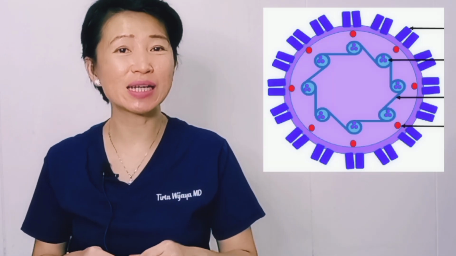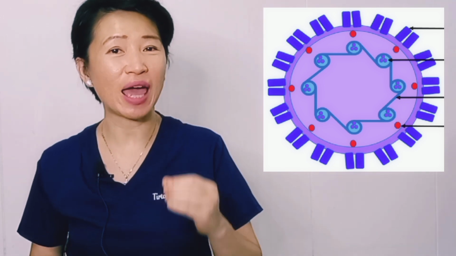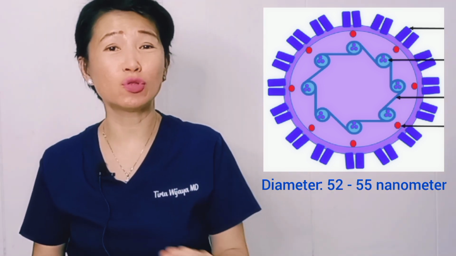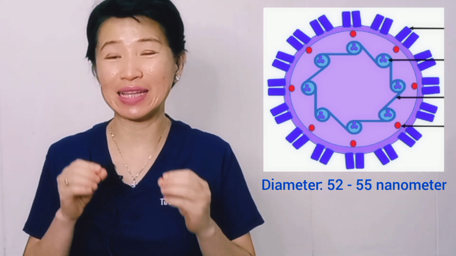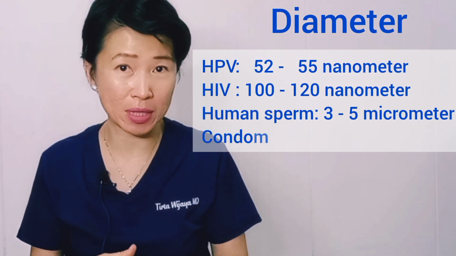HPV is a circular double-stranded DNA virus located in a non-enveloped icosahedral capsid that is about 52 to 55 nanometers in diameter. To put these numbers into perspective, HIV diameter is around 100 to 120 nanometers.